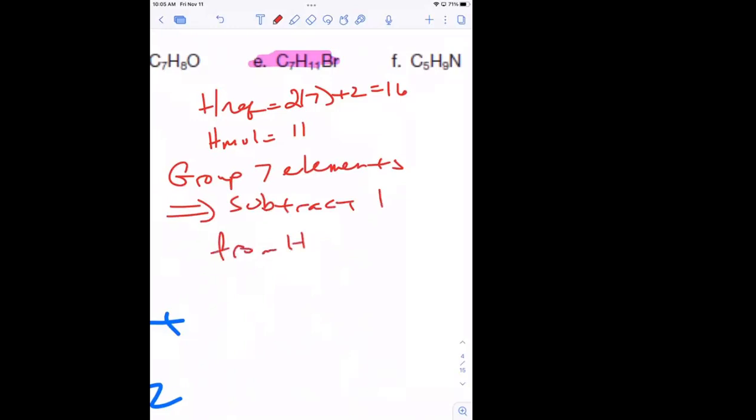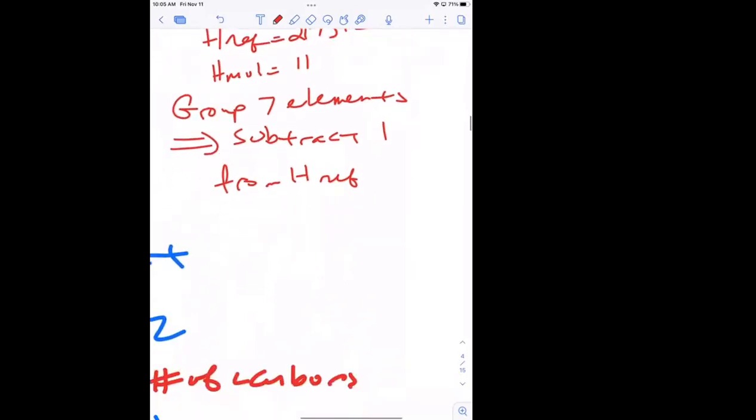So I'm going to write it here: group 7 elements, subtract 1 from H rep, anytime you have a group 7 element present. So now that's going to be H rep, which is now going to be 15 minus 11 over 2.